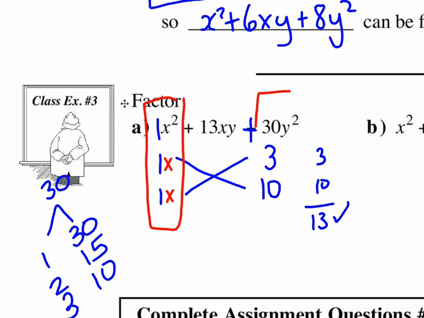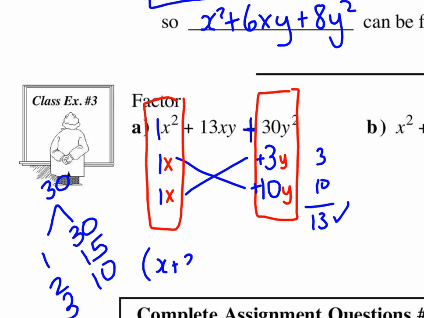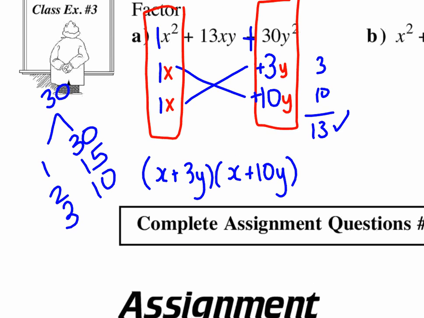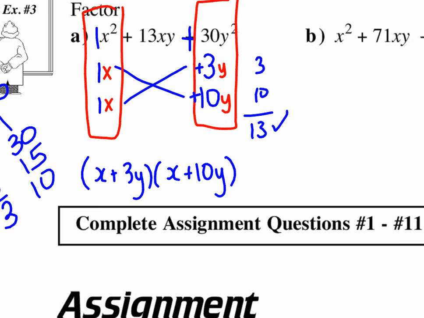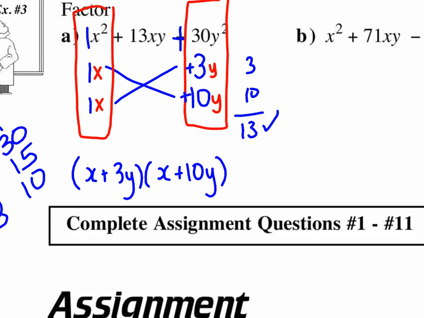Remember these two have to multiply to 30y squared. What are the 2 variables? 3y and 10y. So our factored form is, remember these are positives, x plus 3y times x plus 10y. Can you try B on your own?